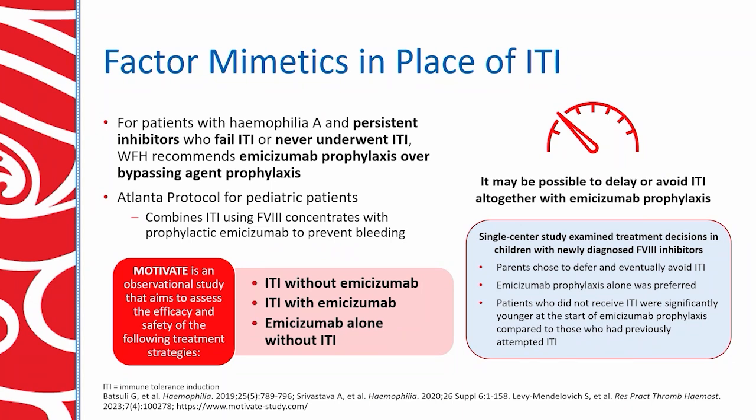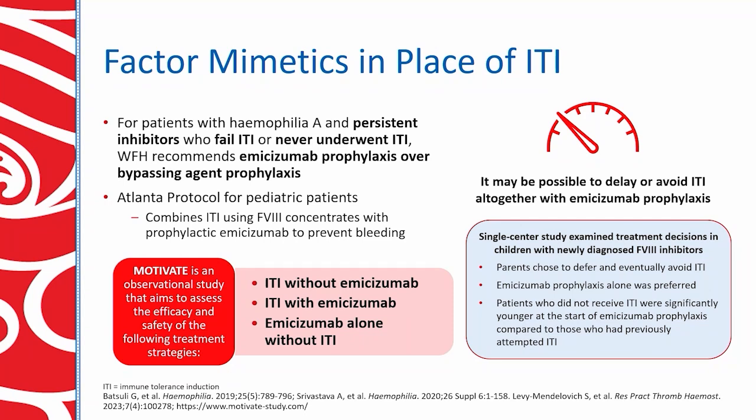And I'm glad that we have some pediatricians in the audience today, and I hope they will submit their questions and participate in the discussion. Guidelines like the World Federation of Hemophilia guidelines recommend that in patients with hemophilia A with persistent inhibitors, or where ITI has failed, or where ITI was never performed, emicizumab prophylaxis should be used over bypassing agent prophylaxis.